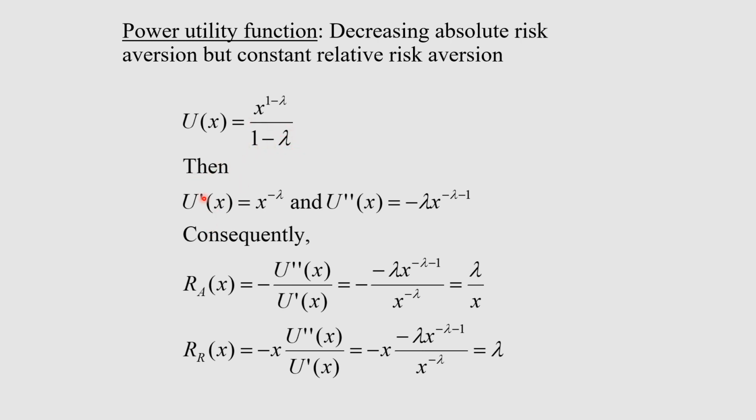In those circumstances, U prime of X is basically 1 over X to the power lambda. The second derivative is minus lambda X to the minus lambda minus 1. As a result, we can calculate the absolute risk aversion coefficient as lambda over X, and the relative risk aversion coefficient as lambda.